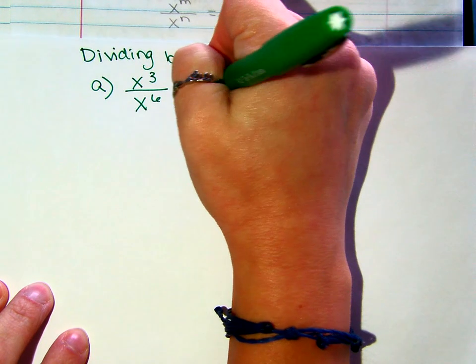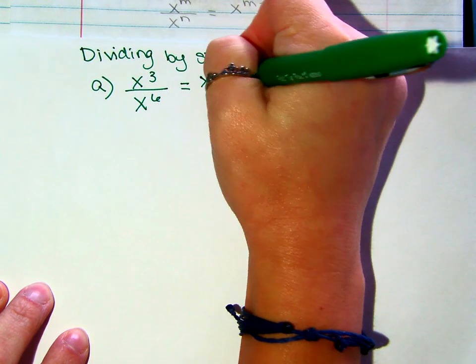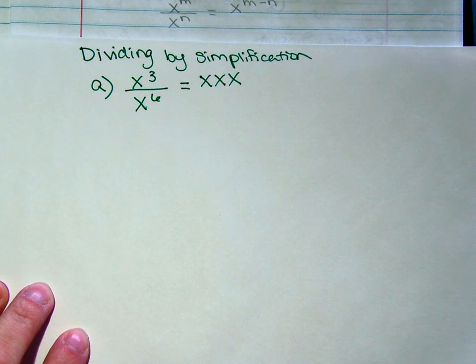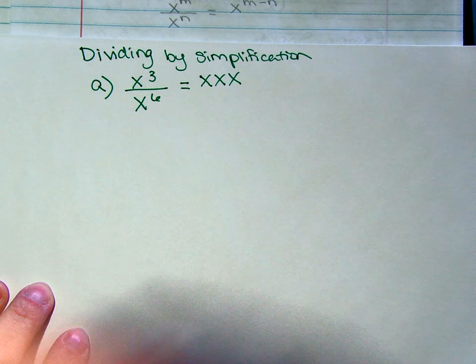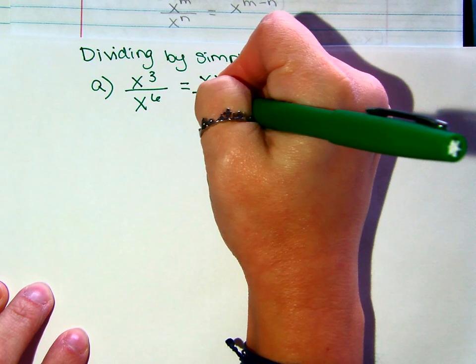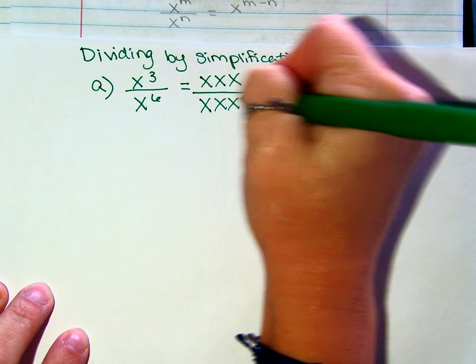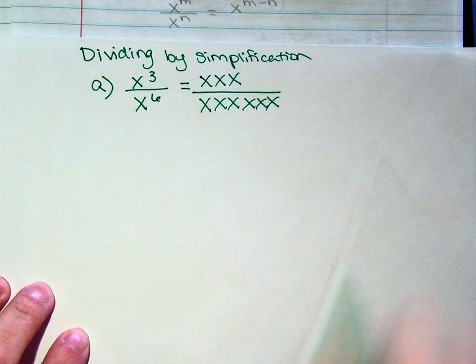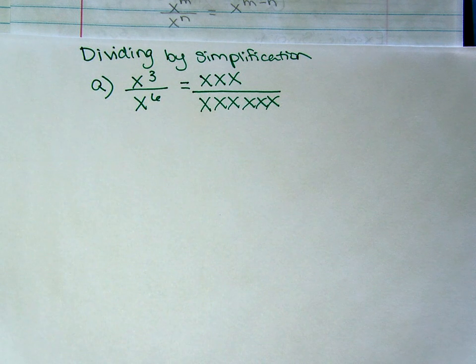X to the third means x times x times x, right? There's 3 x's being multiplied together. If there is x to the 6, notice that we have 6 x's being multiplied together. Anytime that we are doing division or we're needing to simplify a division problem, if there's the same thing on top as on bottom, you can cancel it out.